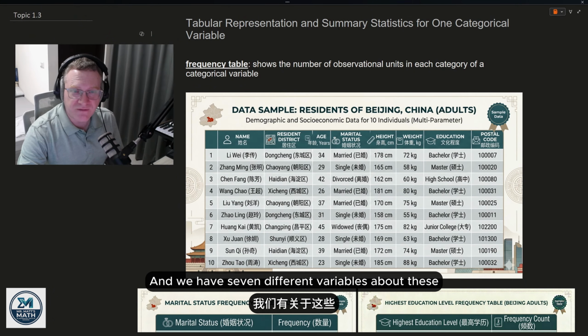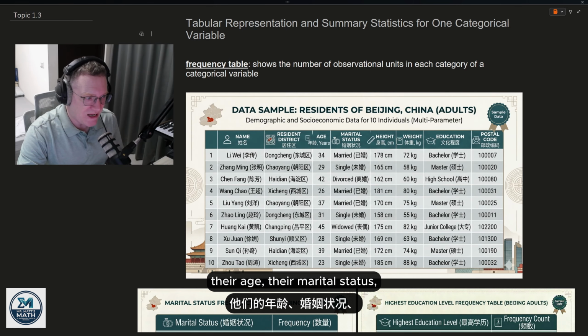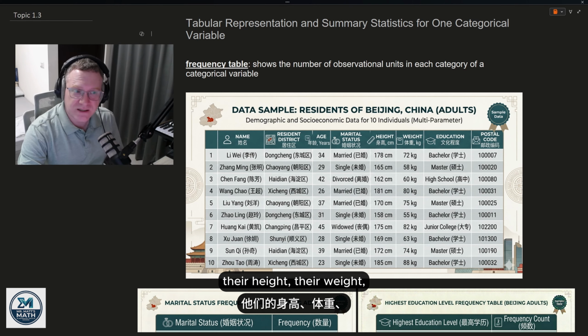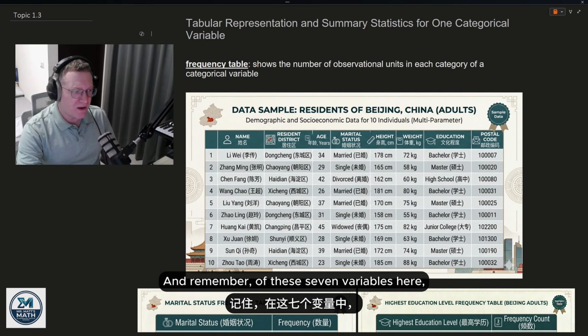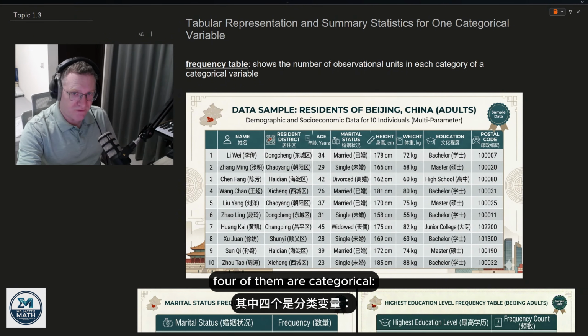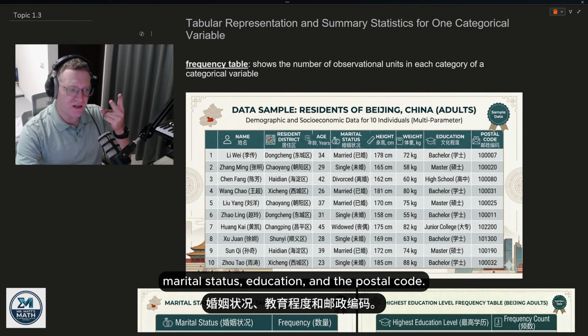And we have 7 different variables about these residents: their district, their age, their marital status, their height, their weight, their education, and postal code. And remember, of these 7 variables, 4 of them are categorical: district, marital status, education, and the postal code.